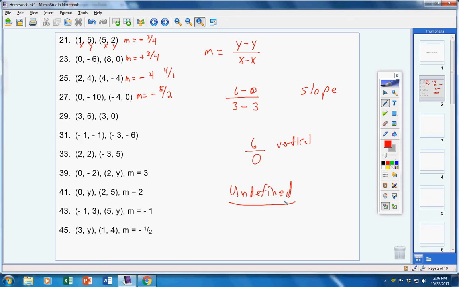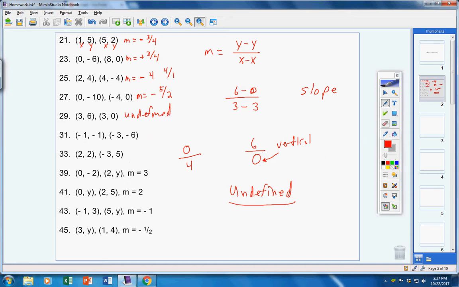And that happens once again, students, when you get a 0 in the denominator. That cannot happen, okay? So if it does, your slope is undefined. Now, if you have a 0 up top like this, then the slope is 0. Okay? So please understand that it would be 0. Alright, moving on to, let's see, we just did this one here. So the slope is undefined.